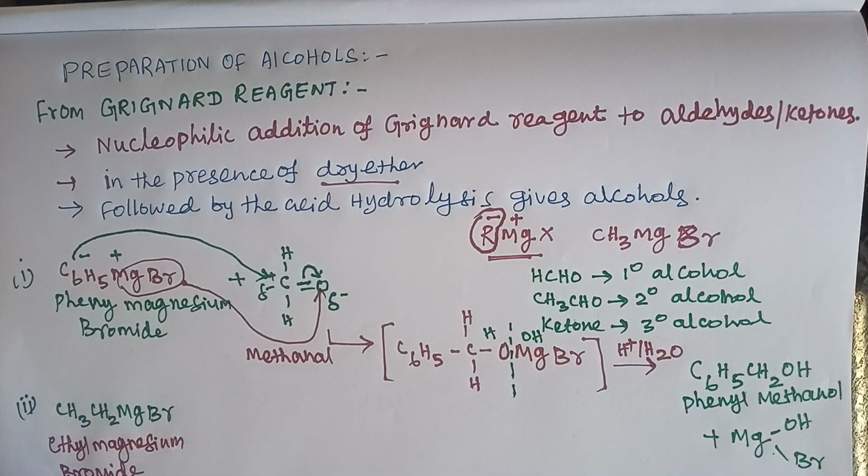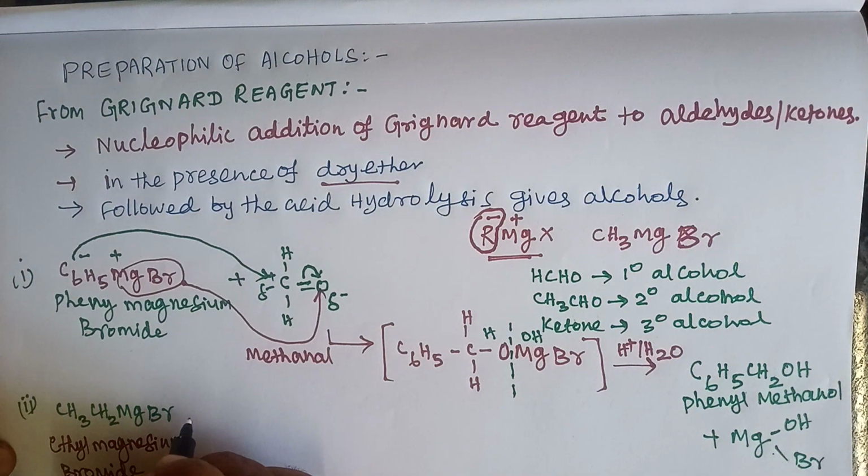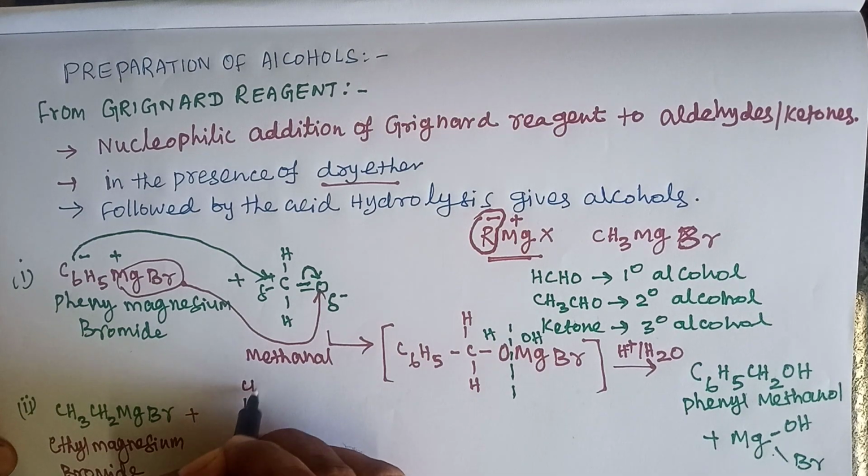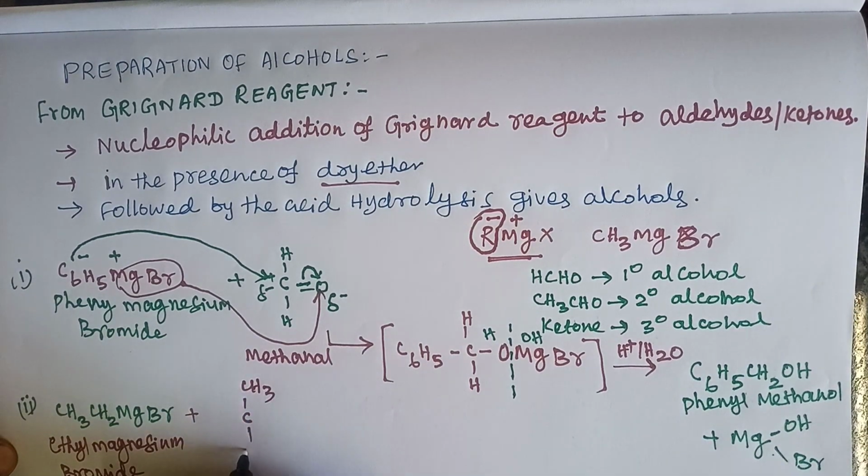Here we are taking acetaldehyde. Acetaldehyde we can write as CH3CHO, with a double bond to O. The IUPAC name is ethanal, and the common name is acetaldehyde.